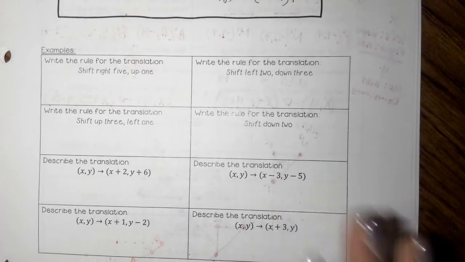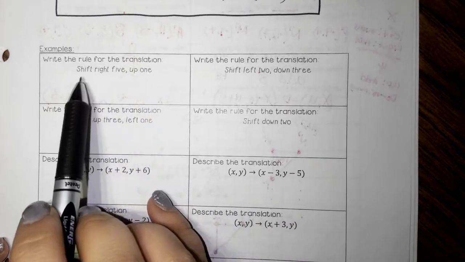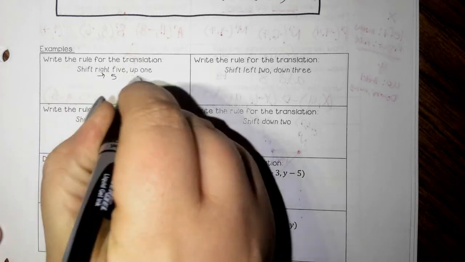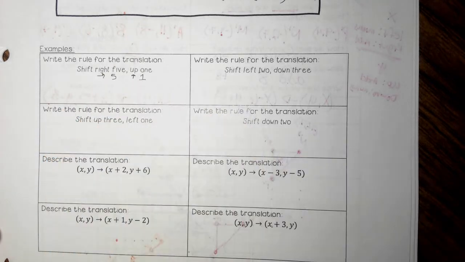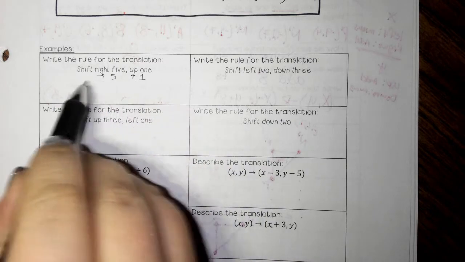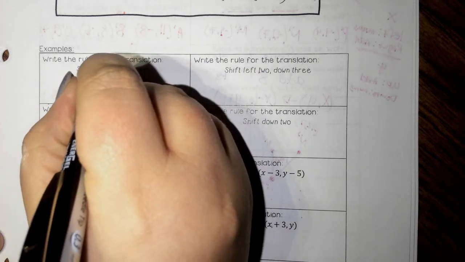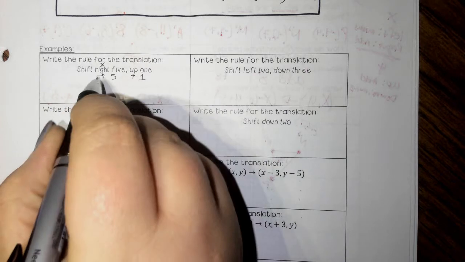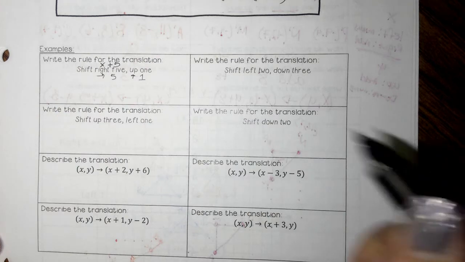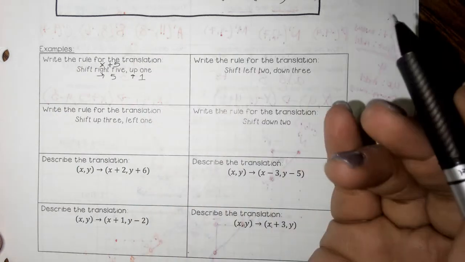So we want to write the rule for a translation that says to go right 5 times and up 1 time. When we go right 5 times, that's affecting an x value because we're going left and right. And going to the right means to add. So we're adding 5 to every x value. Going up and down affects a y value.